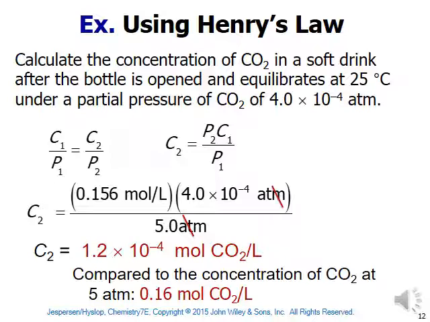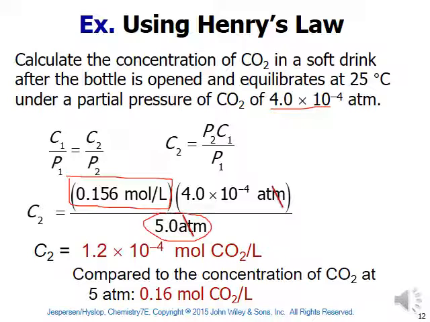Okay, so now we're going to use the result from the last problem. We found that the initial concentration is 0.156, and what I want to know is the final concentration if you change the pressure from 5 atmospheres to 4.0 times 10 to the minus 4 atmospheres.